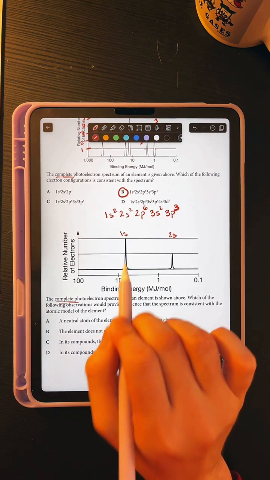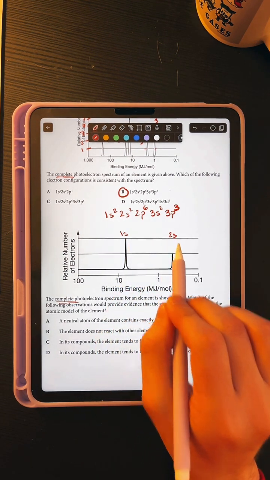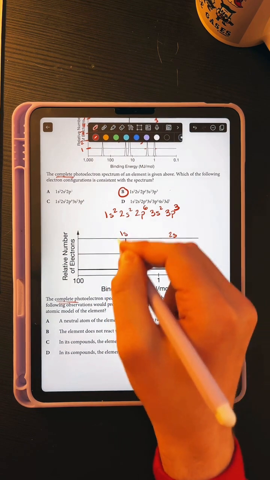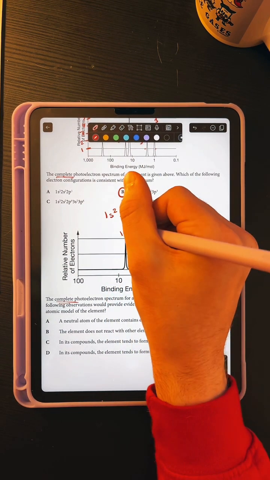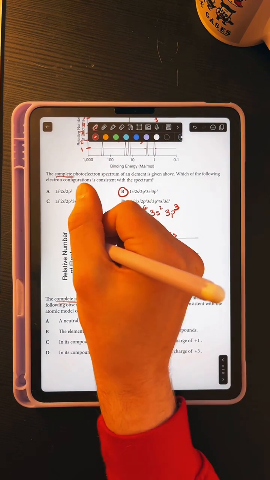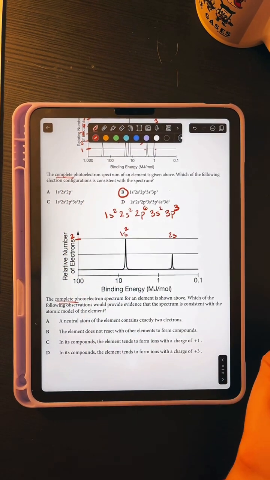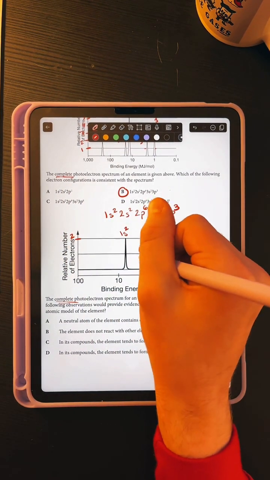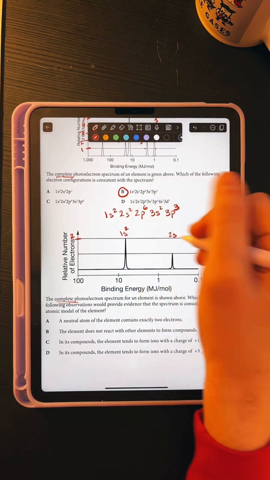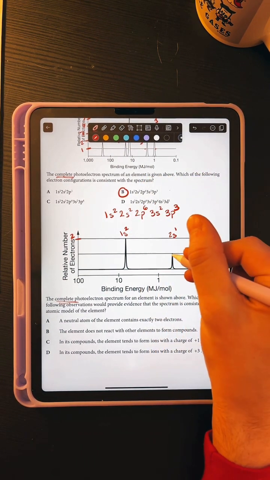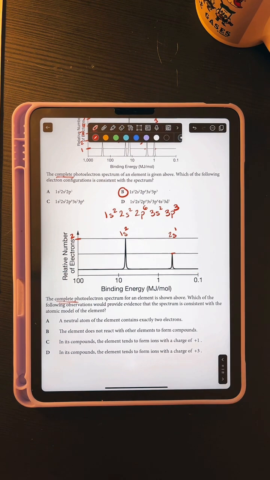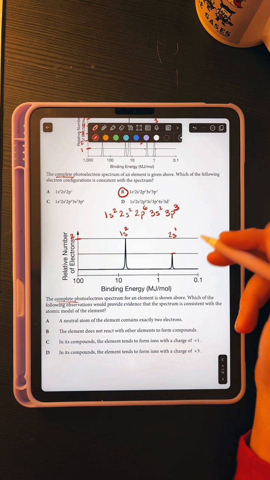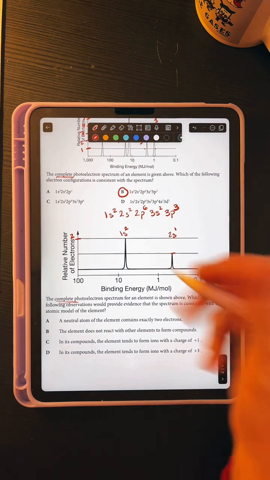So because we hit the 1s and then we go to 2s, we completely filled this s orbital. So we have 2 electrons in there. This line is 2. So each one of these lines is 1 electron. So we have 1s2, 2s1, because that peak only went up to that 1. So 1s2, 2s1, meaning it's lithium, right?